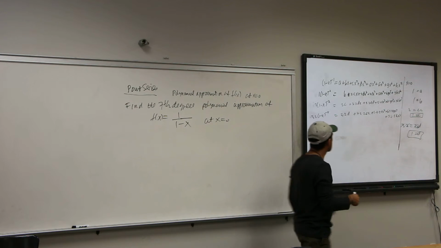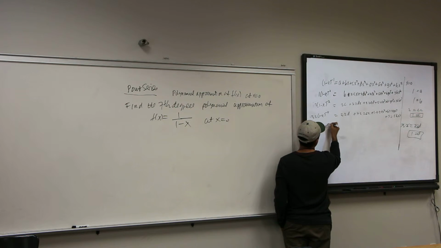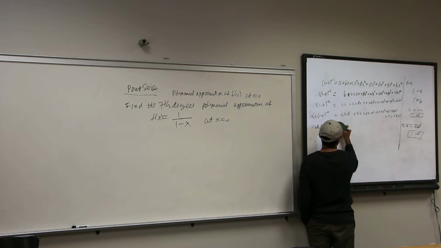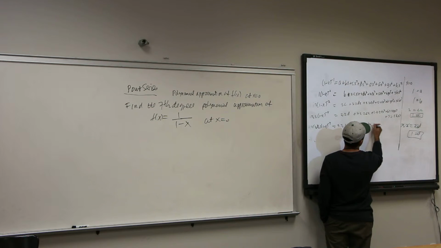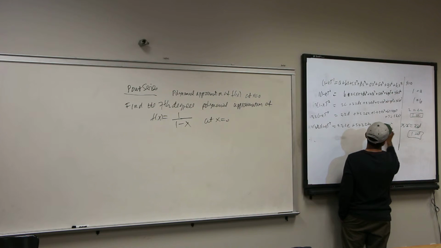Let me do one more. Differentiate this. Negative 4 times 3 times 2 times 1 minus x to the negative 5 times the derivative of negative x, which is negative 1. Then 4 times 3 times 2e plus 5 times 4 times 3 times 2fx plus 6 times 5 times 4 times 3 gx squared plus 7 times 6 times 5 times 4 hx cubed.